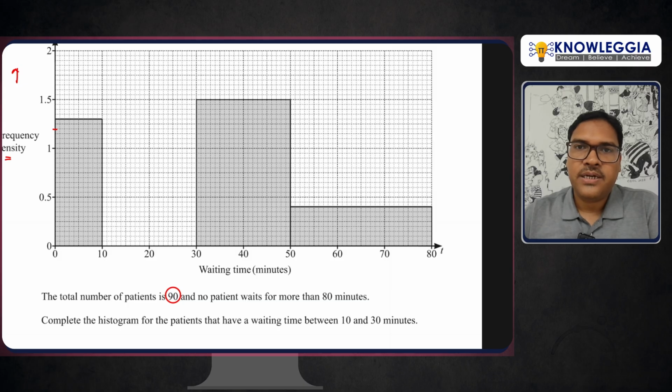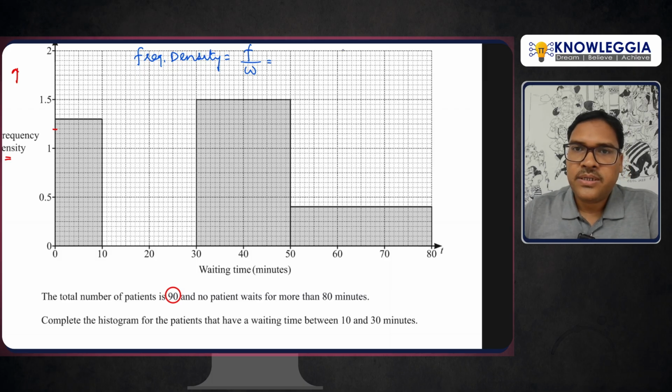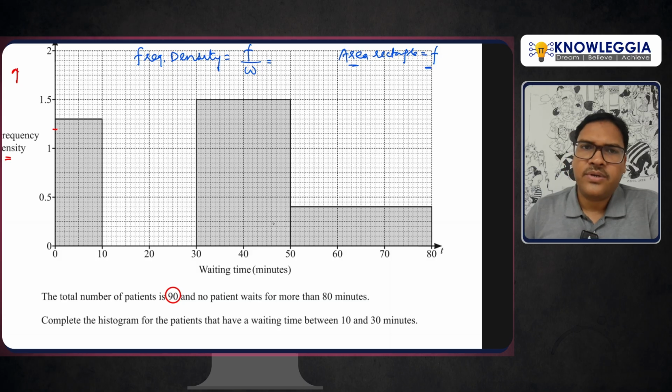Now we know that frequency density is equal to frequency upon the class width. Right. Now here you must be knowing that the area of each rectangle in the histogram will be equal to the total frequency. And you can clearly see from this also, because what is frequency?